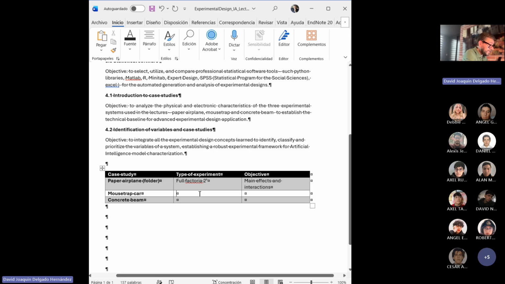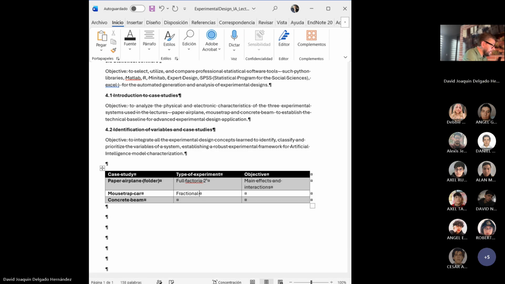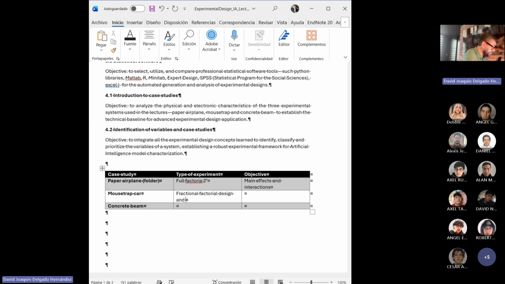In the second case study, we are going to use a fractional factorial design and the regression technique. And here the objective is optimization with multiple variables.